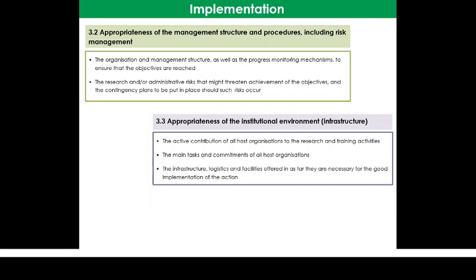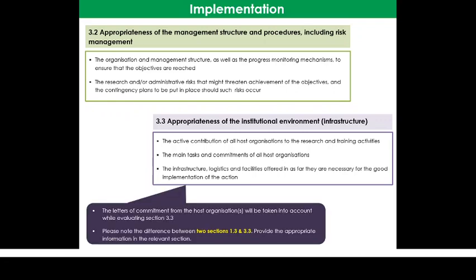You can describe how the infrastructure and logistics facilities offered are sufficient and necessary for the good implementation of the research activity. Please note that the letters of commitment from the host organizations will be taken into account while evaluating this section.